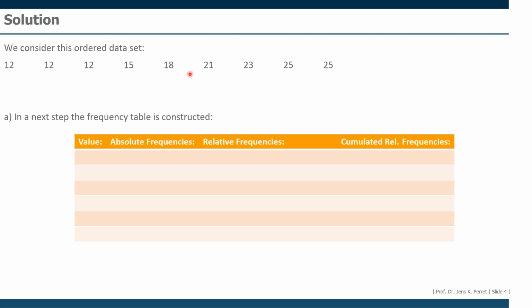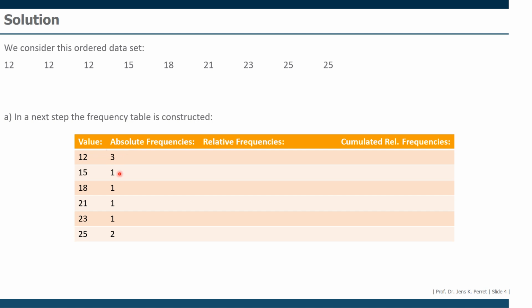That's my first column on the values. Then I'm going to count how often I find them in my data set. For example, the 12 I have 3 times, whereas the 15 and the 18 I only have once. That's the next column, the absolute frequencies.